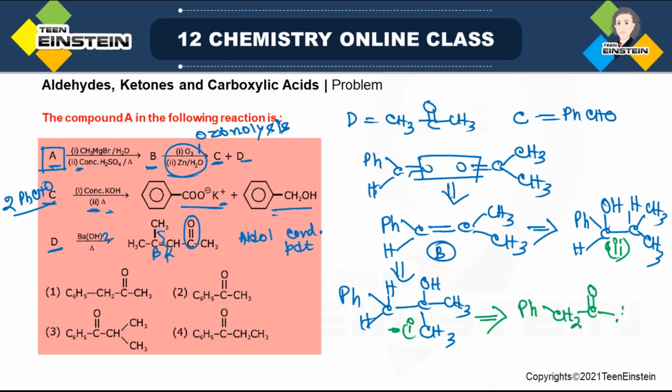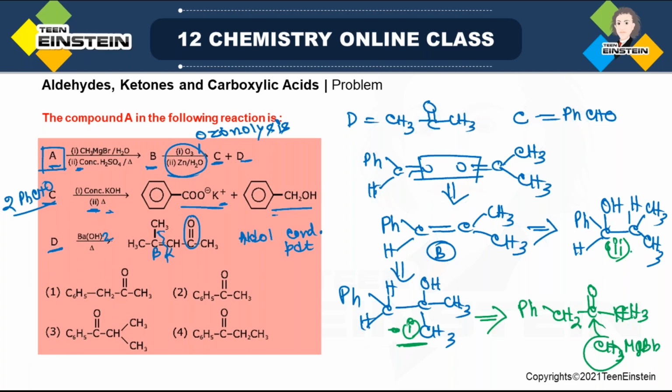So if A has this type of structure and you are treating it with CH3MgBr Grignard reagent, then this part is the nucleophile. It will attack here, and if the CH3 attacks here, then you are getting product number 1.